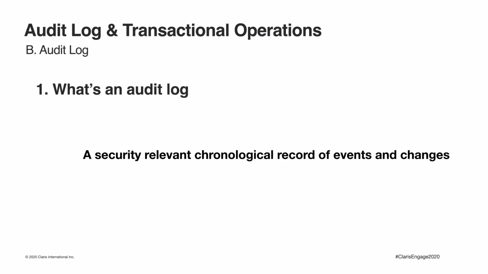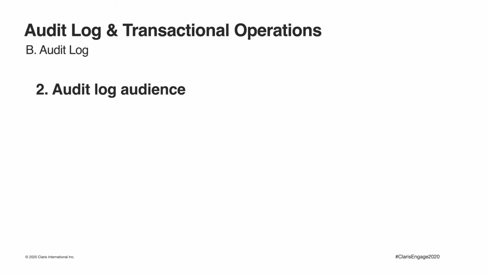Events and changes may be a user created a new user with a specific privilege set, a user logged in, a user exported records, or a user accessed a record, or maybe a user edited a record or deleted a record. Another event could be a developer modified the database schema. Depending on the solution and the organization's needs, other aspects may need to be audited.